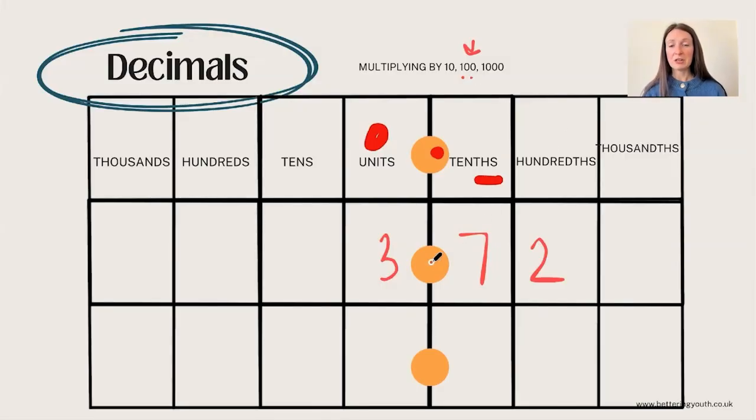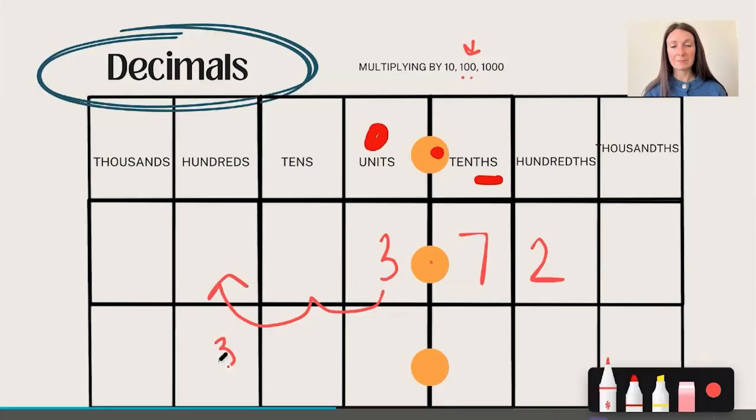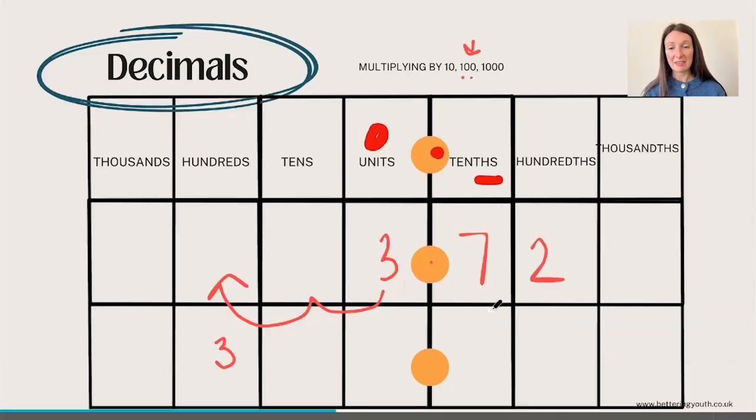So what I'm going to do is grab my largest number, which is the 3 in the units, and I'm going to move it 2 boxes to the left so it gets larger. That 3 now sits in the hundreds column. Moving over to my 7 in the tenths column, it skips over the decimal because that's not actually a space, and it goes into the tens column.